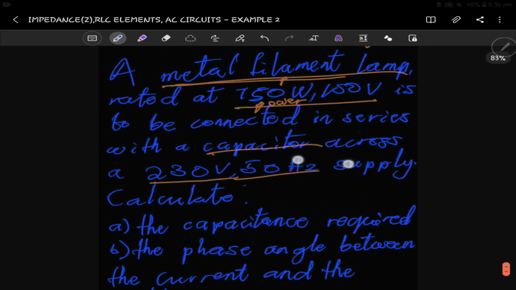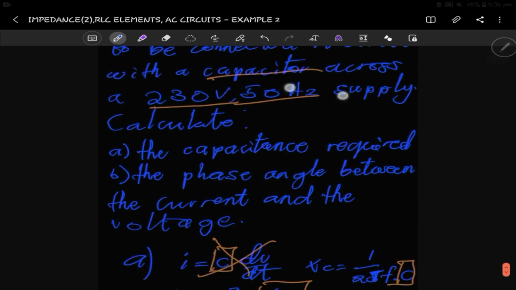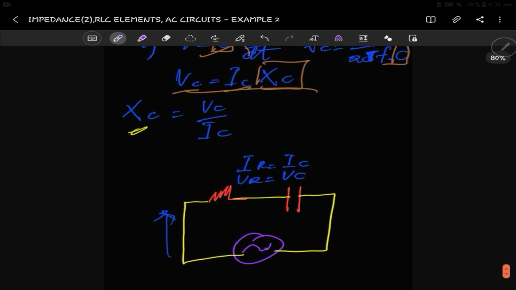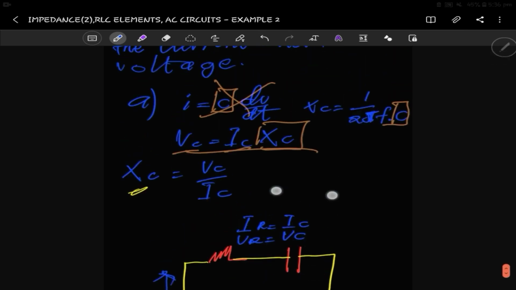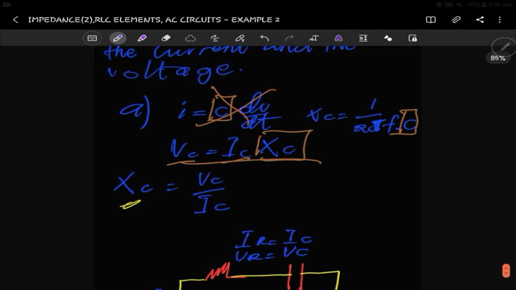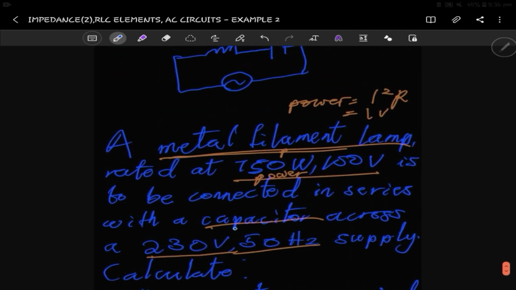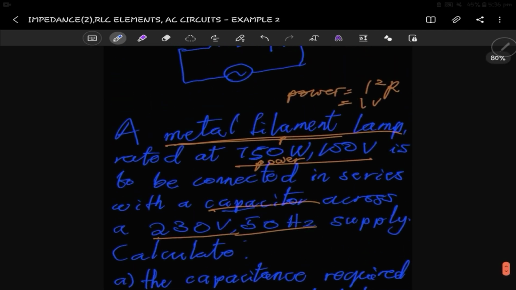But let's look at what we are given. Let's write that V_R is not equal to V_C. Which of these can we find easily first? We're not given anything about the capacitor, but we need either voltage or current to go on.